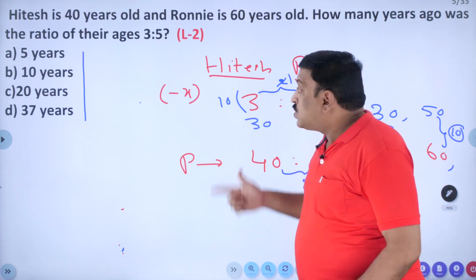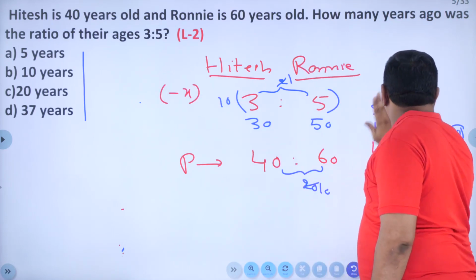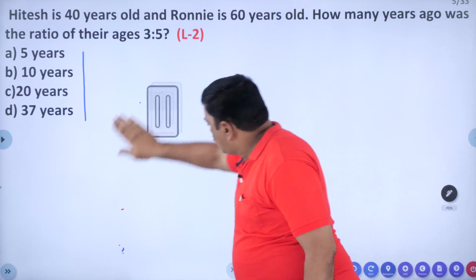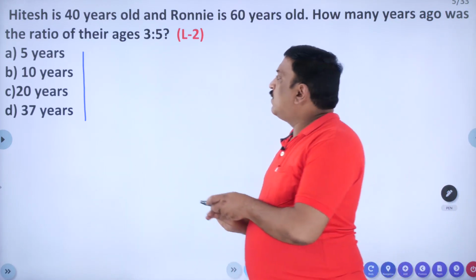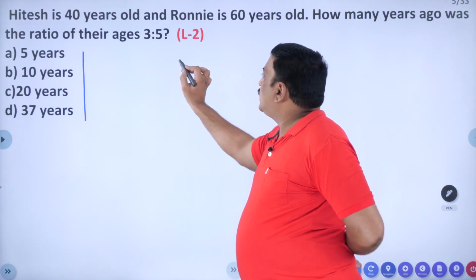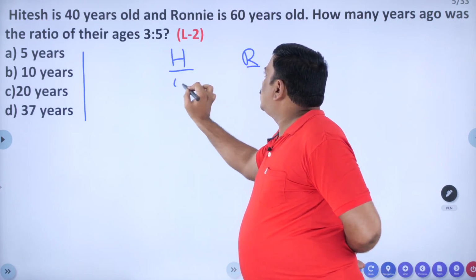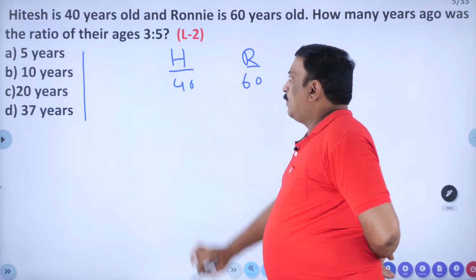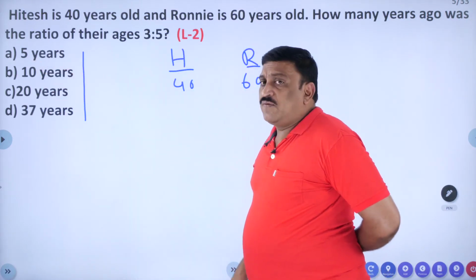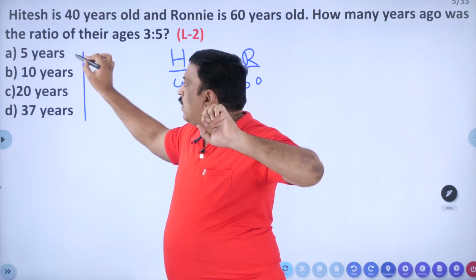Understood? Right. See, I will try with the options also. Just see this one, because some people will go with this method also, but I insist on this one only. So how do we go with the options? Let us see. Hitesh and Roni, they are 40 and 60, right? Suppose it is 5 years back for both of them. If your answer is 5 years, I am selecting this one.